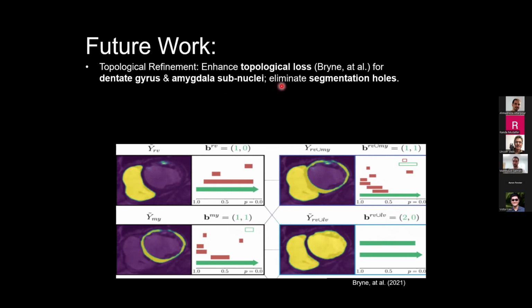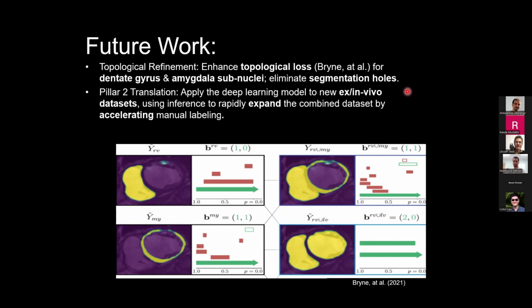And of course, as always, a problem of the U-Net is that it can introduce segmentation holes or segmentation discontinuity, and this topological loss can eliminate those segmentation holes. And our pillar 2 here is to apply the deep learning, as I said before, to new ex vivo and in vivo datasets using inference to rapidly expand the combined dataset by accelerating the manual labeling.